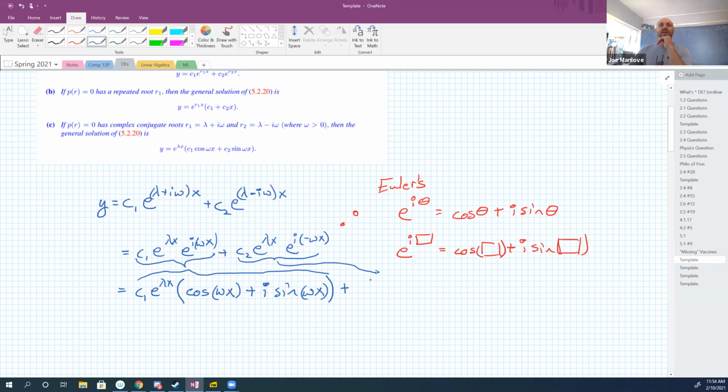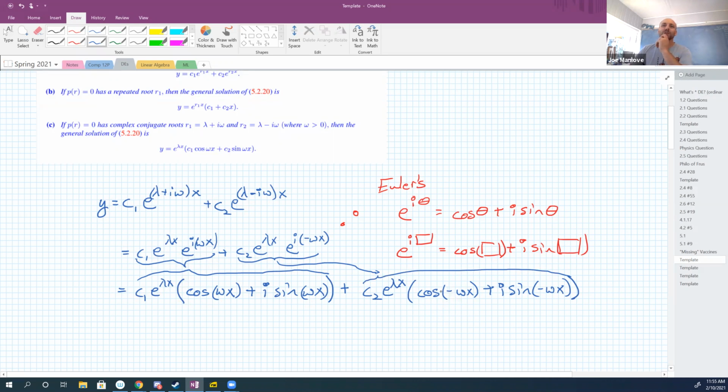Okay, so in my second part here, I'm going to end up with a c2 e to the lambda x, and then in here I've got a cosine of minus omega x plus i sine of minus omega x. You guys with me on that? Okay. Now, quick question.